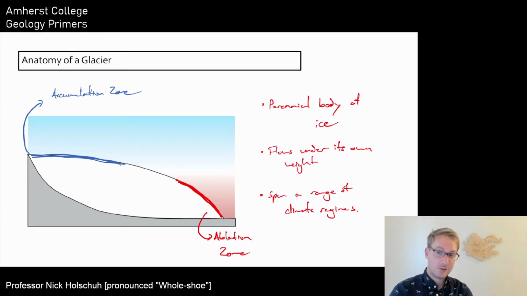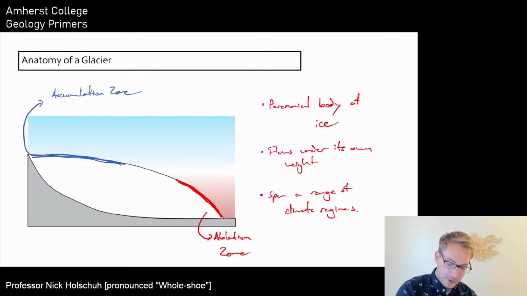But in this downstream end of the glacier system, on average, more ice is lost than is added by snowfall. It doesn't mean that there isn't any snowfall over the course of the year in the ablation zone. The critical thing is just that more melts or is lost by ablative processes than is added by accumulation.